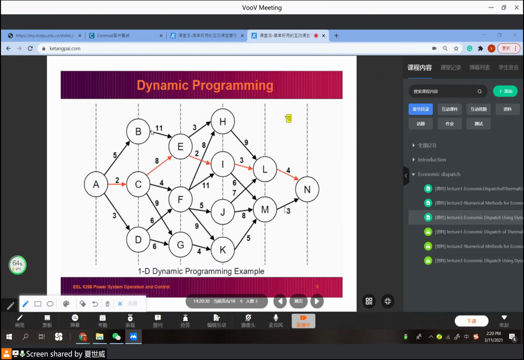For example, you can travel like this: A, B, E, H, L, N, or A, C, F, I, L, N. There are a lot of choices you can choose. But different paths come with different costs. Maybe this is time cost or travel fee cost, it doesn't matter. Your objective is to find the minimal cost to travel from A to N. Okay, this is the problem.